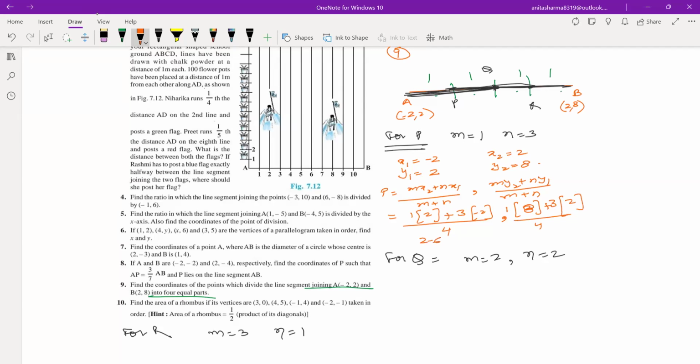So 2 minus 6 upon 4, comma, 8 plus 6 divided by 4. So minus 4 by 4 and 14 by 4. So all have got the same answer, minus 1, comma 7/2.